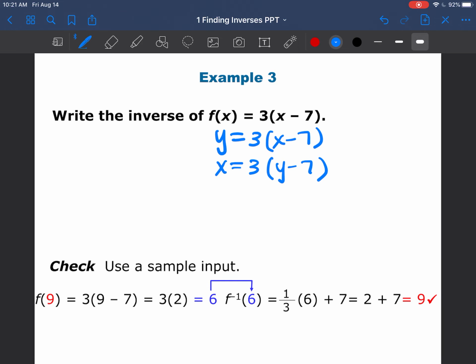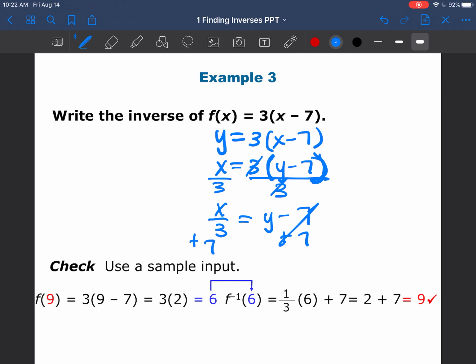Here we can go ahead and just divide by it since it's outside the parentheses. Okay, and then lastly we add 7. The reason why we had to divide first is because it was outside the parentheses. You want to get rid of the outsiders first.